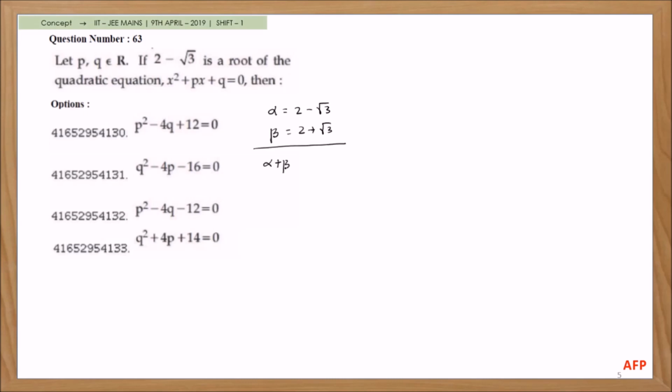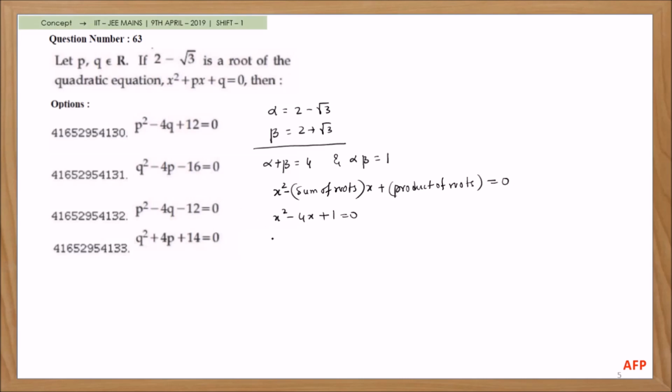The sum of the roots is 4 and the product of the roots is 1. The general quadratic equation is x square minus sum of roots times x plus product of roots equals 0, so x square minus 4x plus 1 equals 0.